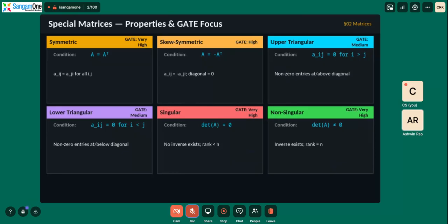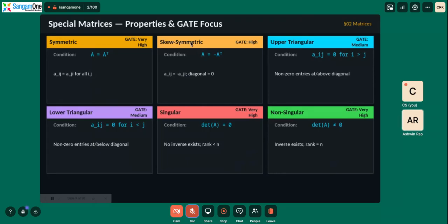Then special matrices involve the symmetric matrix, where the condition is A equal to A transpose, that is, Aij equal to Aji for all i and j.